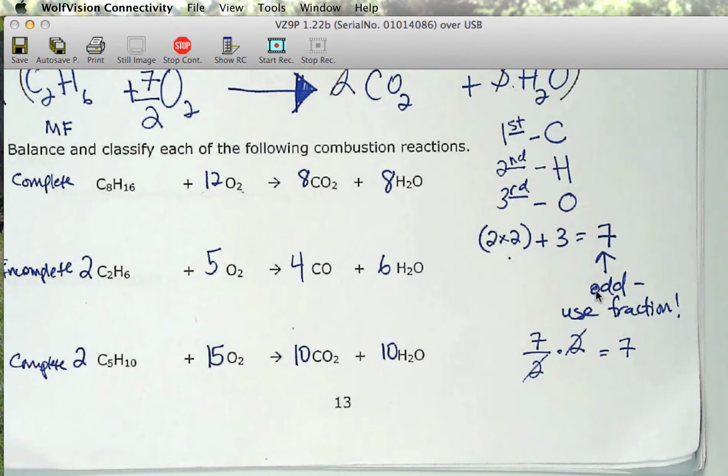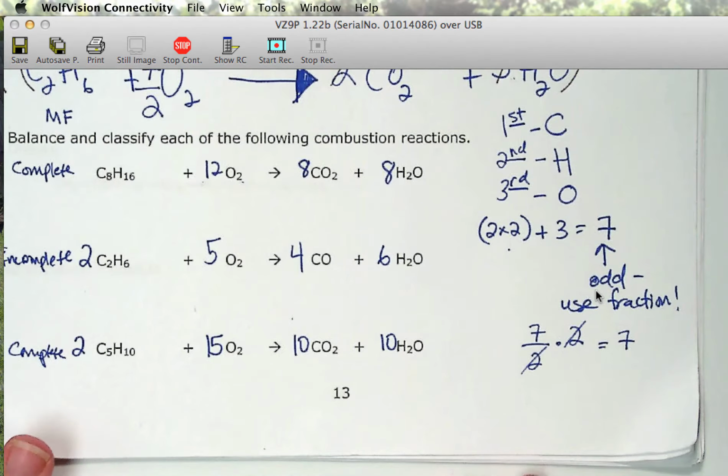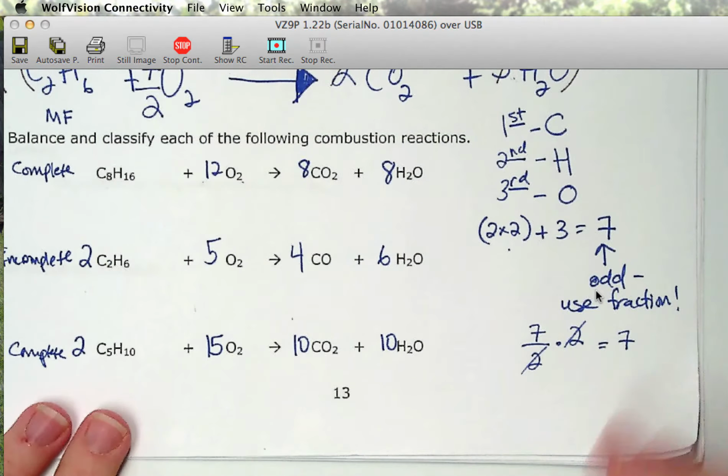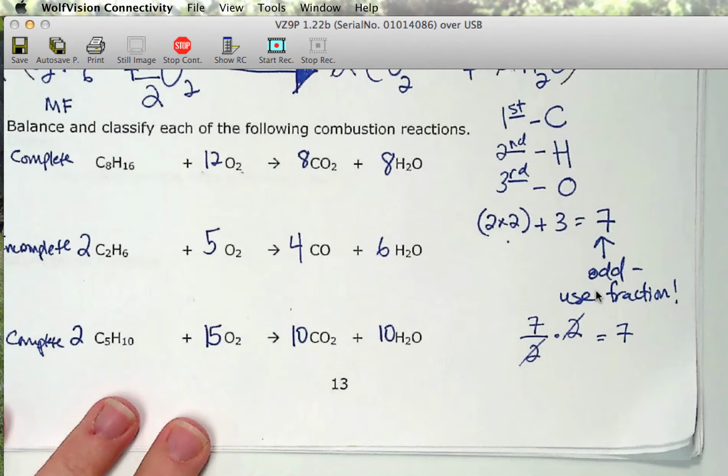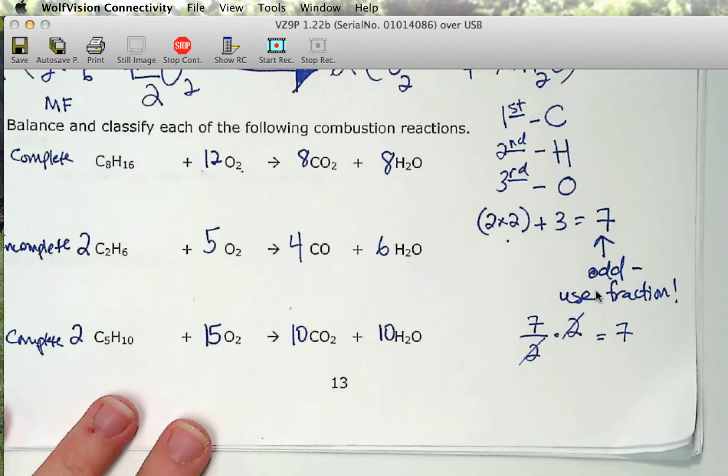Now the primary, secondary, tertiary, that I gave a very confusing explanation of in the beginning. Let me give you an example of what you could expect us to ask you.